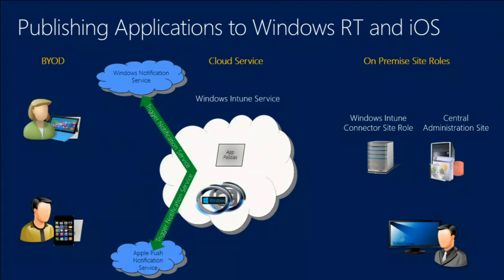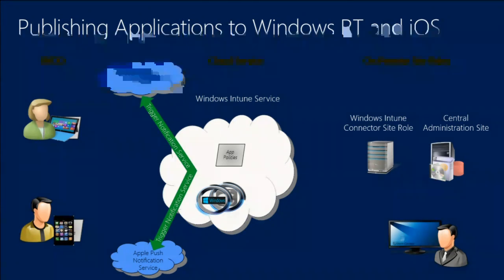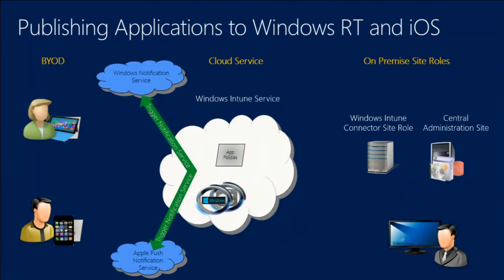One thing to notice here is iOS platforms as well as Windows platforms, they do not directly allow you to install applications in the BYOD scenarios. You have to go through their notification services, so APNS or Windows Notification Service to trigger the install. In Windows, we have a light agent which is called OMA-DM agent, Open Mobile Alliance Device Management.